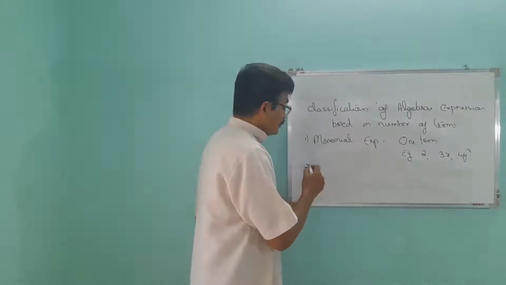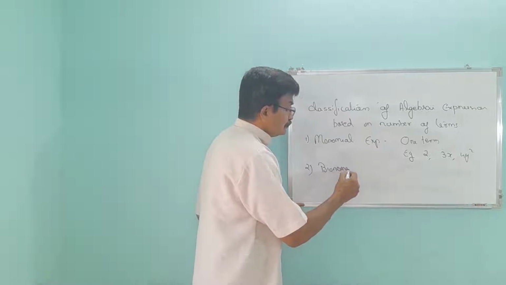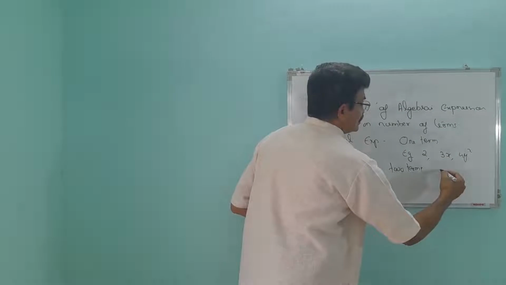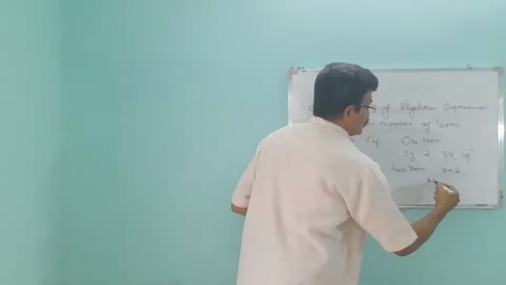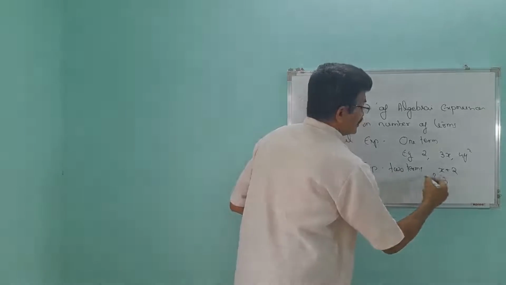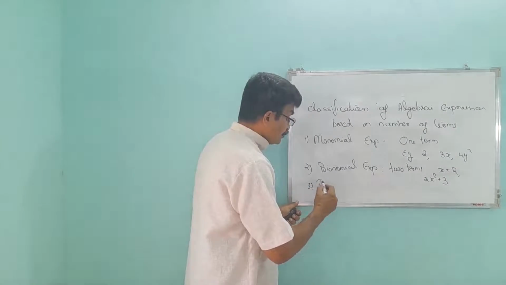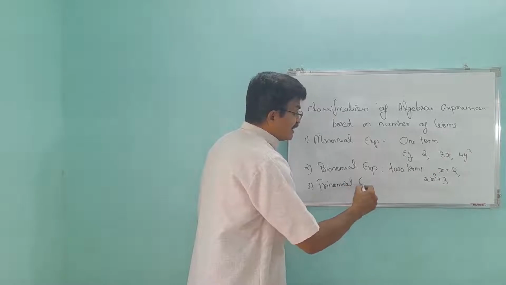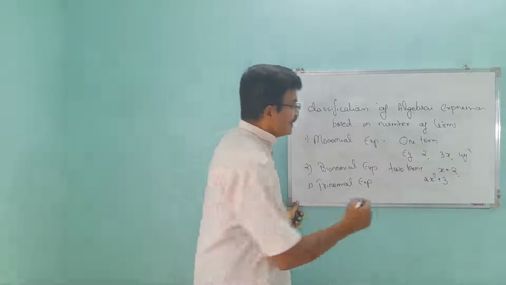Then binomial expression, algebraic expression with two terms: x plus 2, or 2x square plus 3. These are binomial. Then trinomial expression, an algebraic expression with three terms.